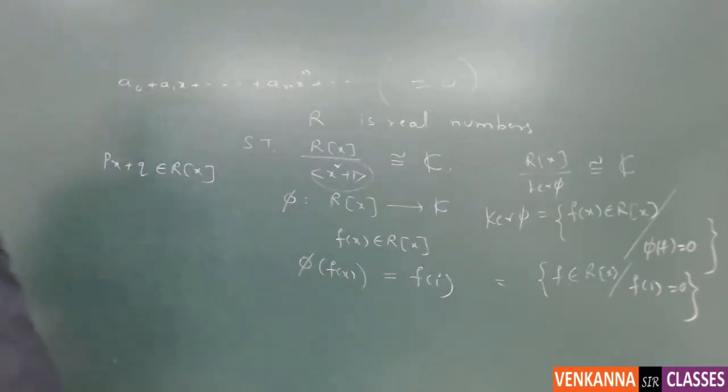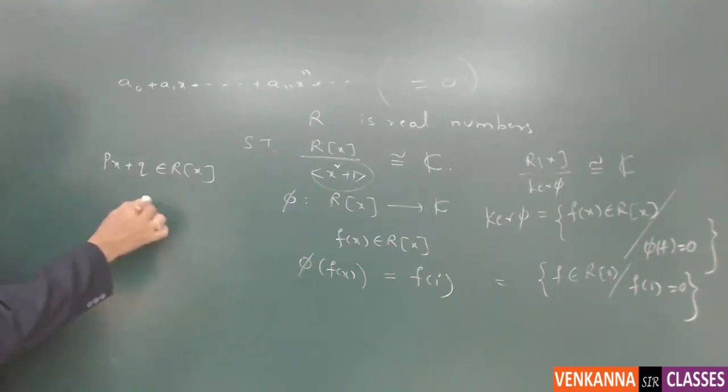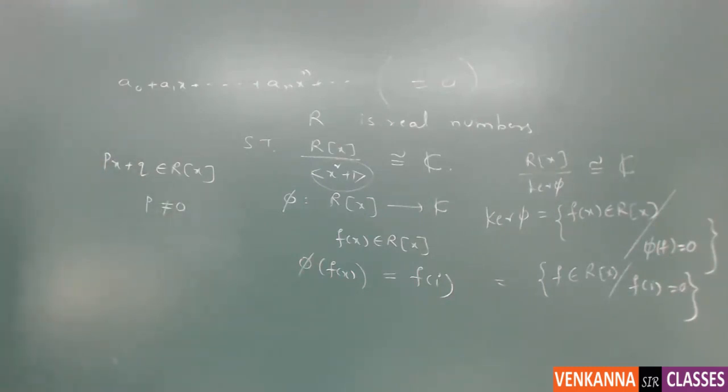Accepted? Similarly, if this is a first degree polynomial in R of x, by default the coefficient p of x must be not equal to 0. Am I correct?